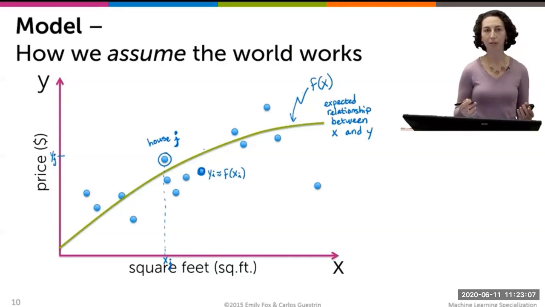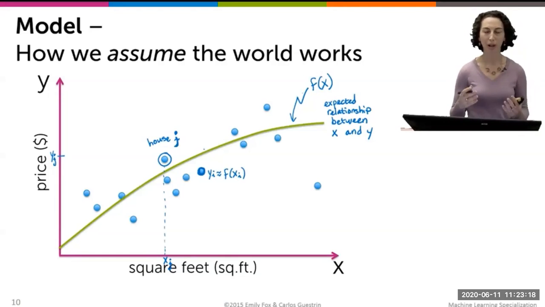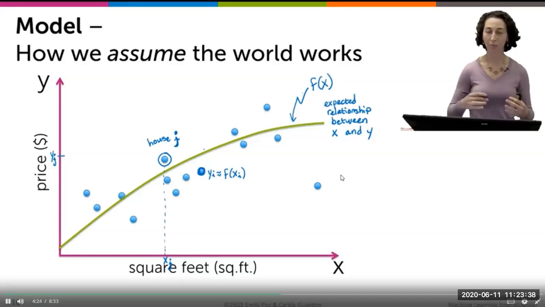You can easily imagine that there are errors in this model because you can have two houses that have exactly the same number of square feet but sell for very different prices. They could have sold at different times. They could have had different numbers of bedrooms or bathrooms or size of the yard or specific location, neighborhoods, school districts, lots of things that we might not have taken into account in our model. So our model is just what we're using as our belief.